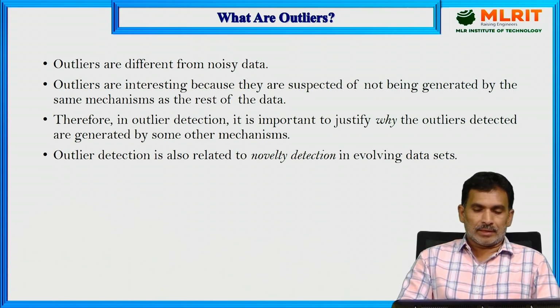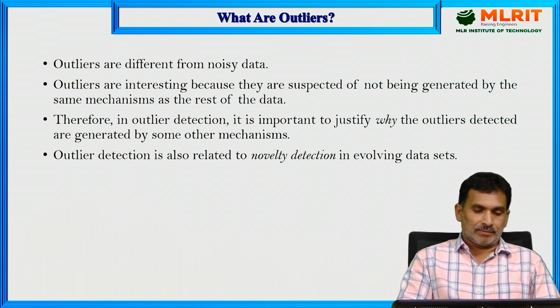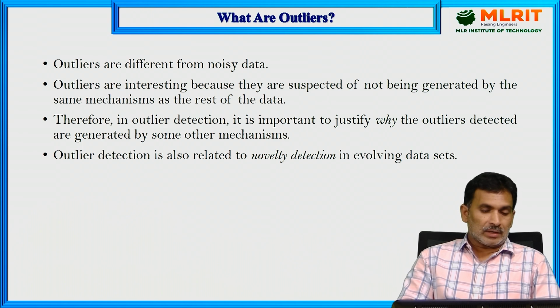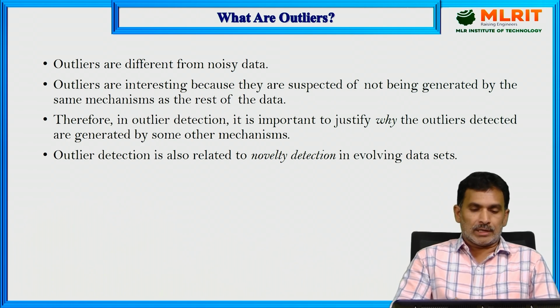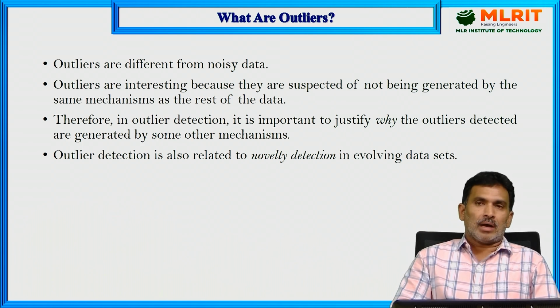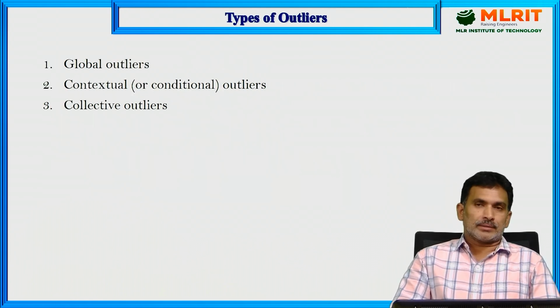Like, in online social media websites, if any new topic pops up, that would be considered novelty detection. But the difference is, once we identify this novelty, the subsequent information would not be considered outliers.